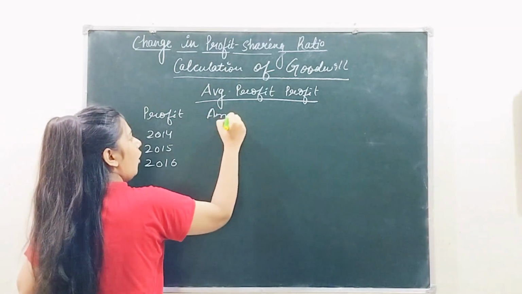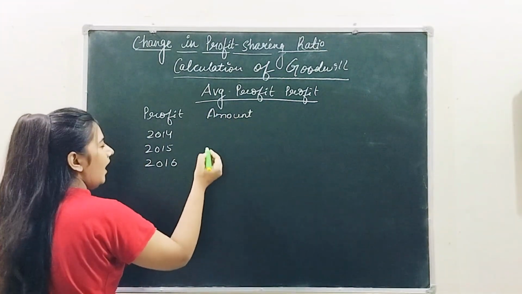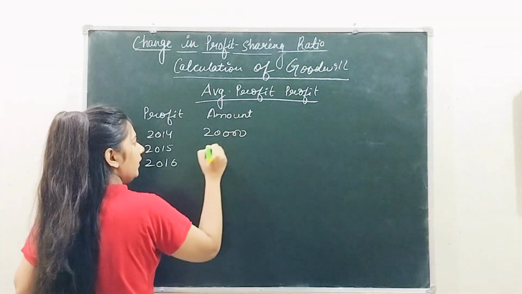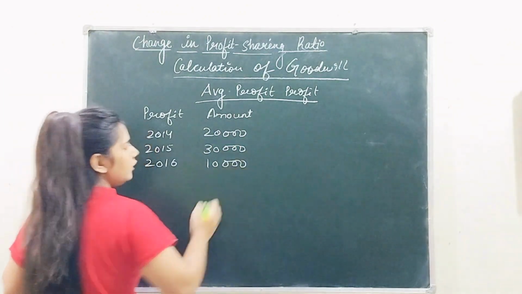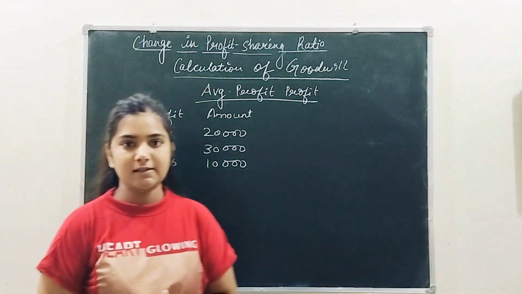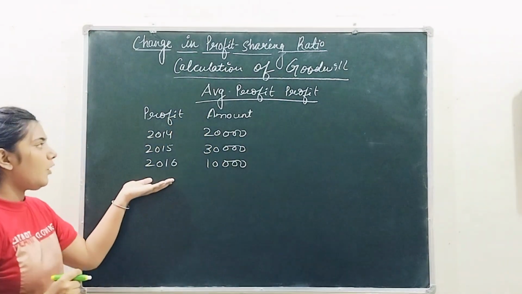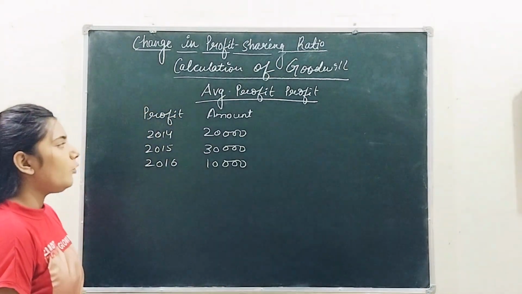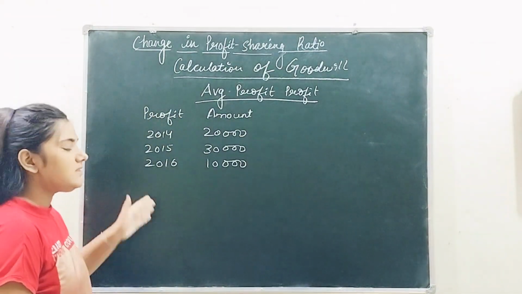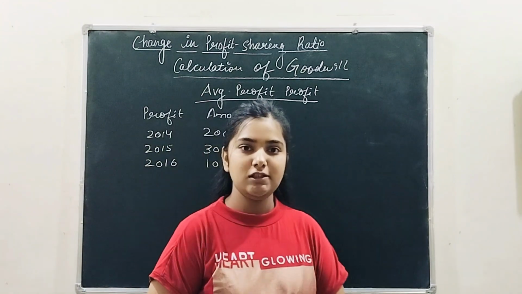And the amount of the profits that they have given are 20, right, 30 and 10,000. So I am taking this as a hypothetical example, right? So there are the profits given of several years and those are previous year. आपको क्वेश्चन में बोला है कि आपको गुडविल निकालनी है इन सालों के एवरेज प्रॉफिट के बेसिस पर, right?